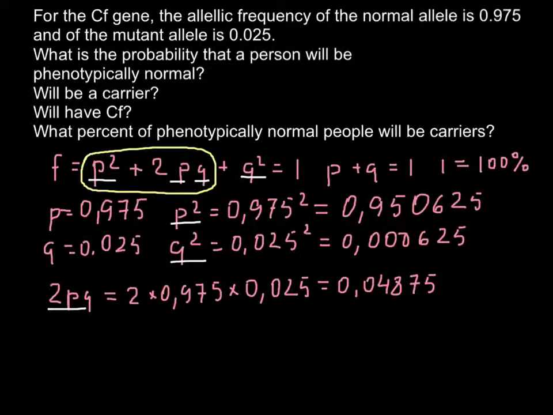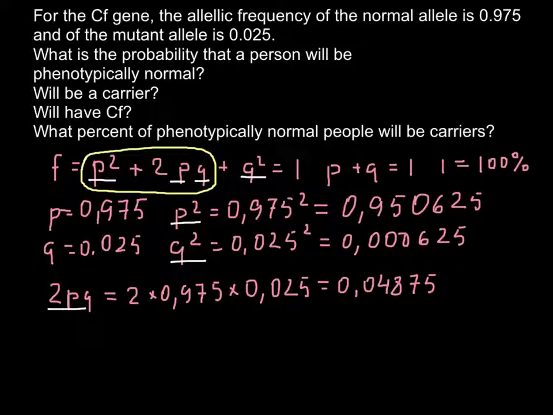Only those people who have two recessive alleles, that is q squared in this formula, would express this disease. Those who are heterozygous or homozygous dominant wouldn't express this disease and would be phenotypically normal. So we have to add p squared to 2pq. Let's do it.